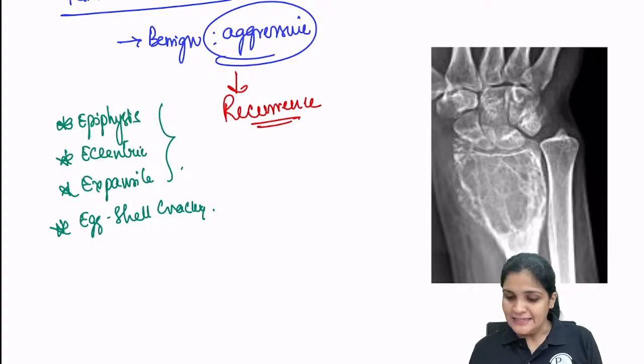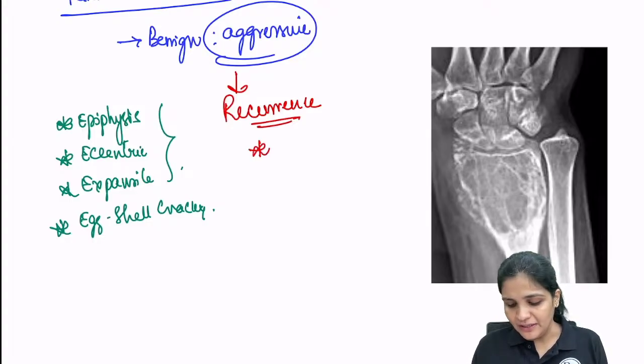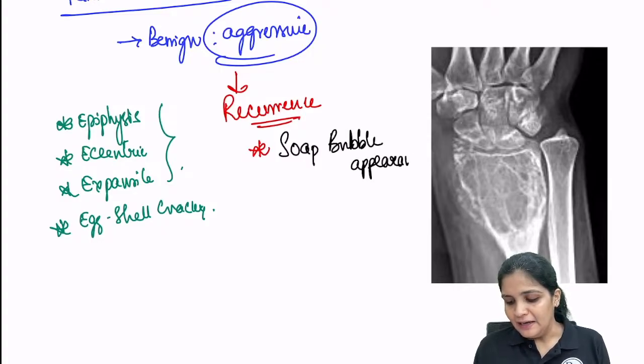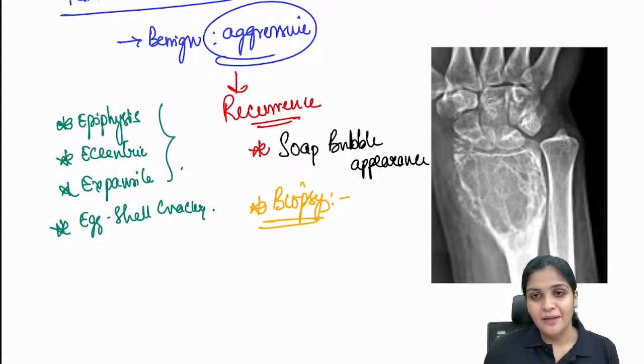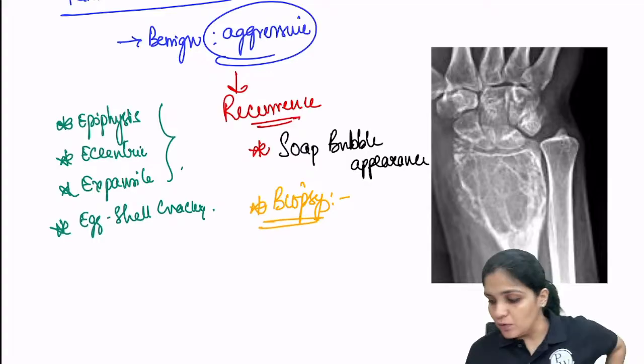And yes, the appearance which you see on the X-ray is called the soap bubble appearance, right? And now what is seen on the biopsy? So you take the biopsy, and what do we see?